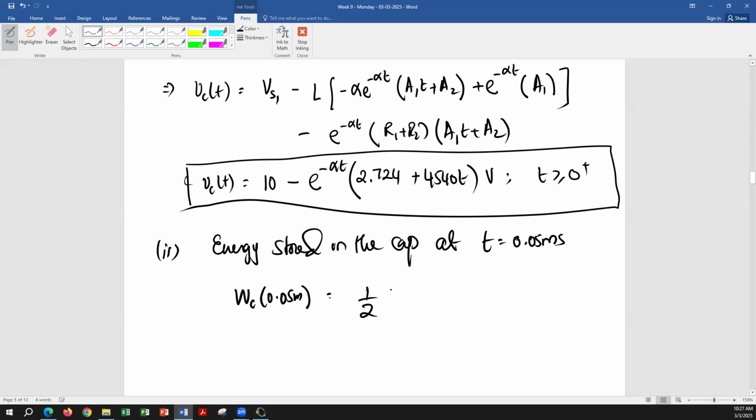And we have the formula half CV squared, so CVC at 0.05 milli squared.